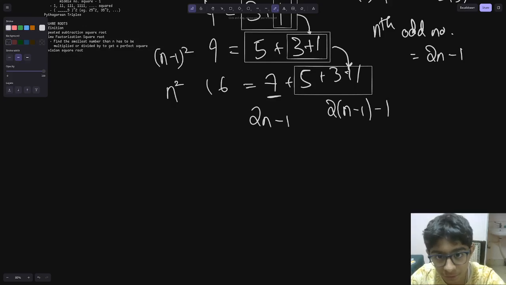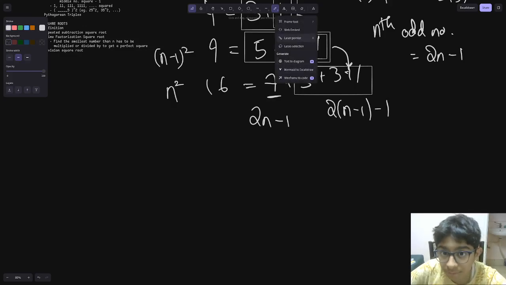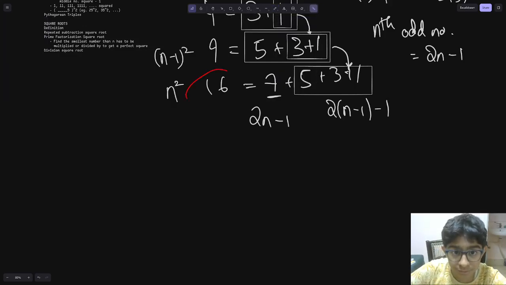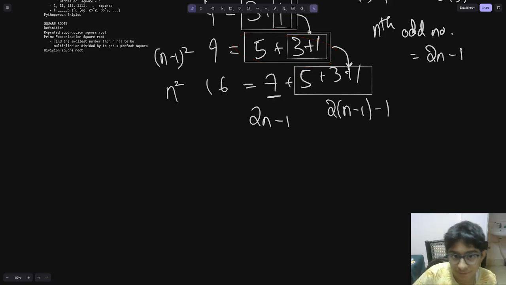So all we need to prove is that this number here is equal to this number. Let me explain again. We have to prove that this number is equal to the nth odd number. Why am I struggling to explain?